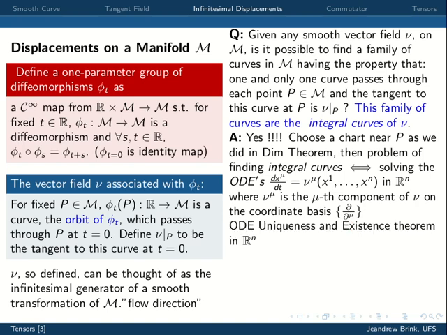And we have the uniqueness and existence theorems of ODEs in Rn that guarantee that you can always solve this problem and that it is unique, and therefore you're always going to have a unique solution existing here, so you're always going to be able to get this curve in Rn.